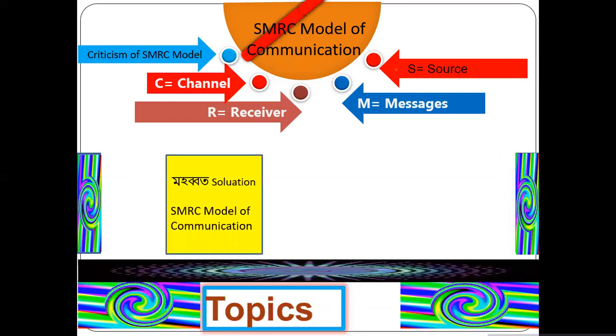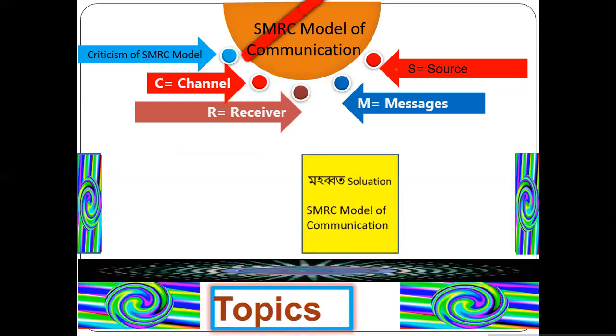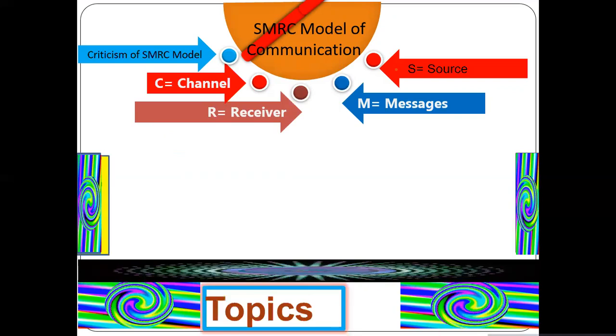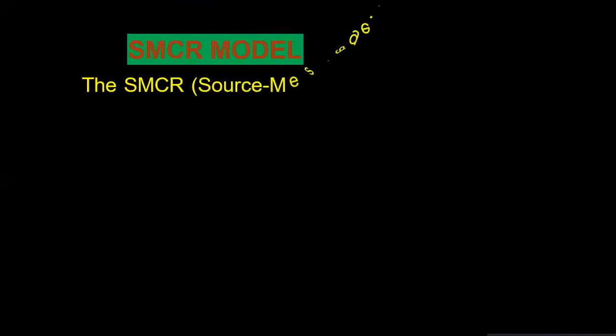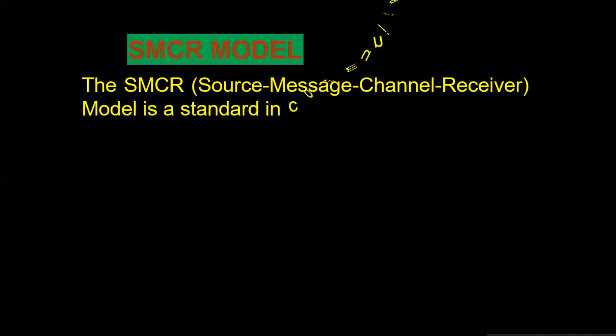So dear participants, let's go to the slide for better understanding. SMRC indicates source, message, channel, receiver. The model is a standard in communication studies.